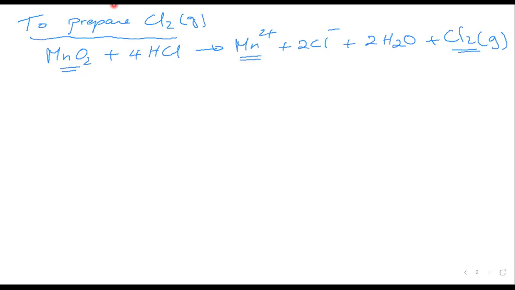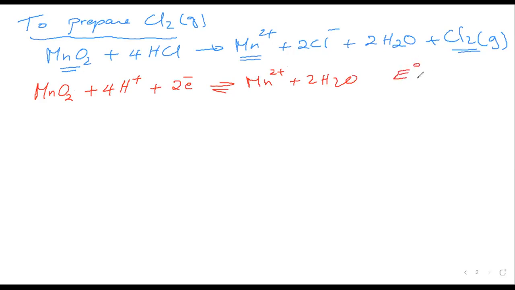We are going to find an equation that says MnO2 plus 4H positive plus 2 electrons gives Mn plus 2 plus 2H2O. And we find that the E naught value for this half cell is equal to plus 1.23 volts.